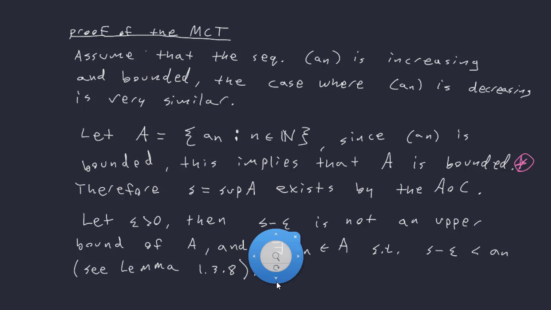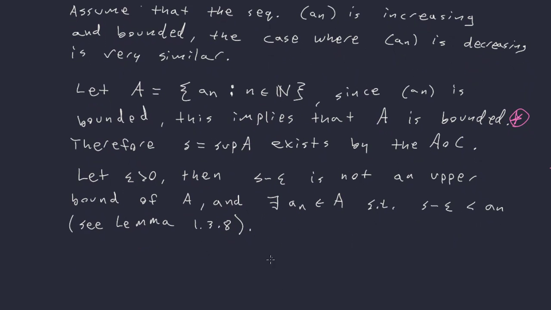Okay, so let's choose capital N in the naturals such that this capital N is the one that satisfies this. So such that S minus epsilon is less than a sub capital N. Okay?